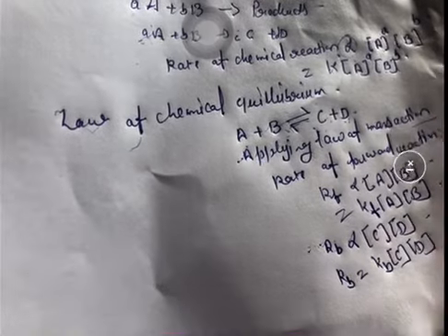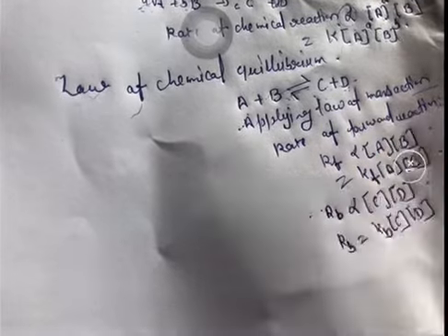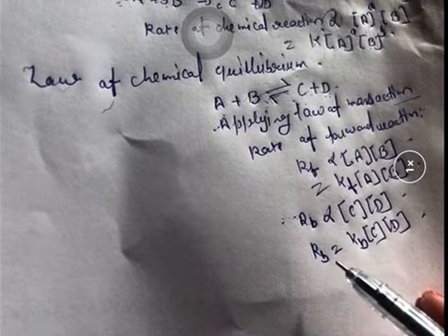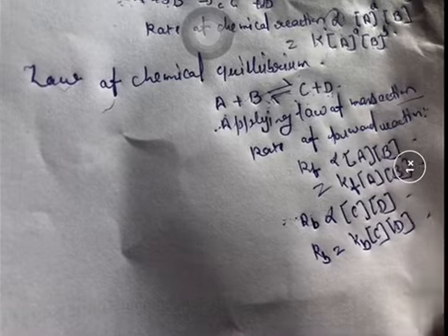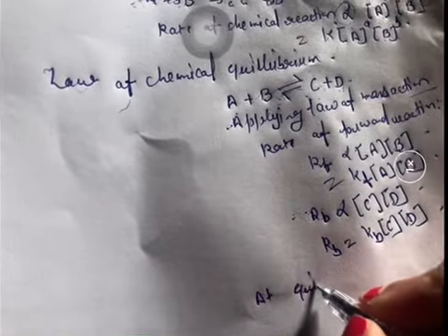Clear? So now at equilibrium, we have to consider that the rate of forward reaction is equal to the rate of backward reaction.